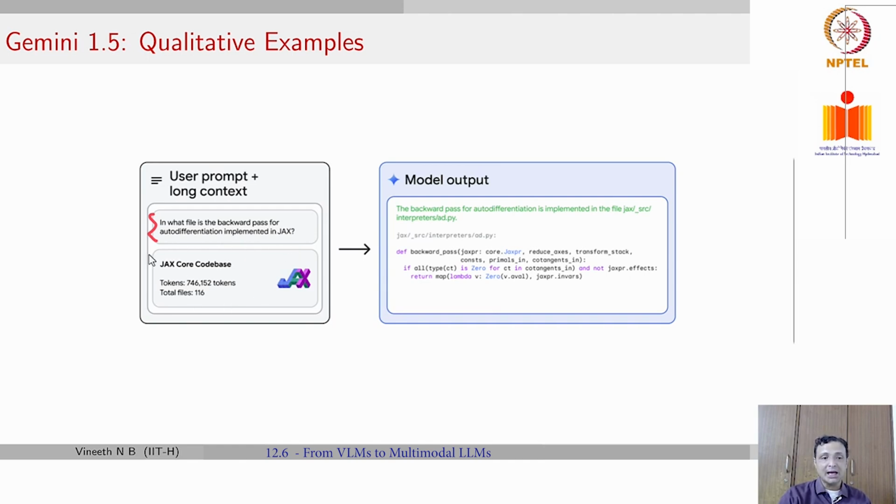And you could simply attach the JAX core code base along with this query and ask Gemini for the answer. And it gives this answer that says the backward pass for auto differentiation is implemented in the file jax/_c/interpreters/ad.py Python, and it points out the exact code snippet in that particular file.